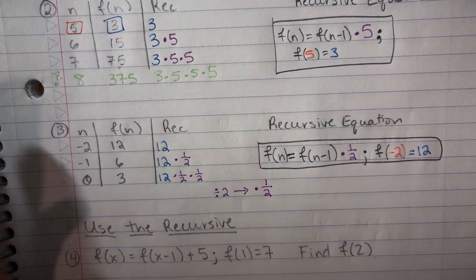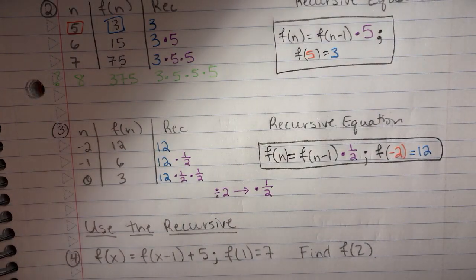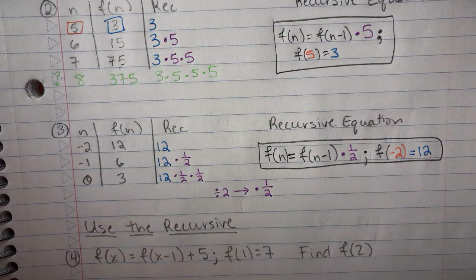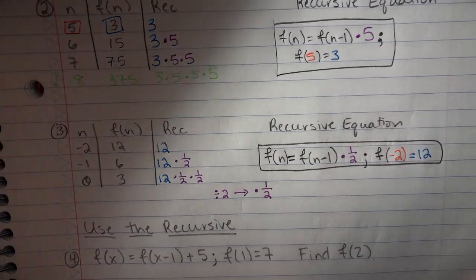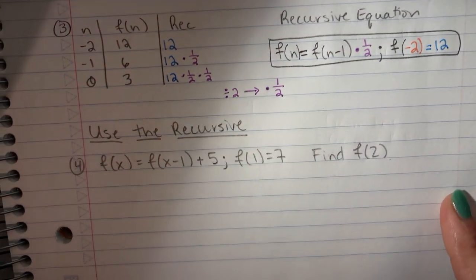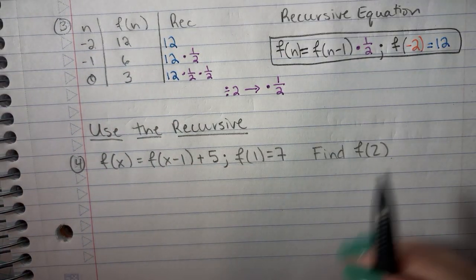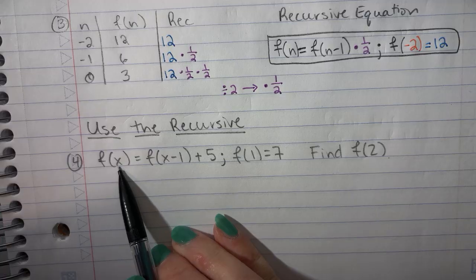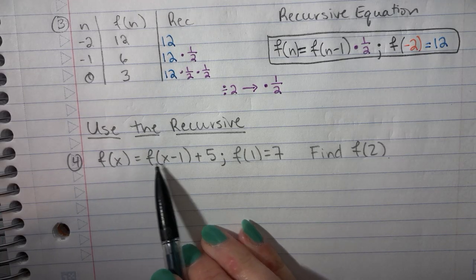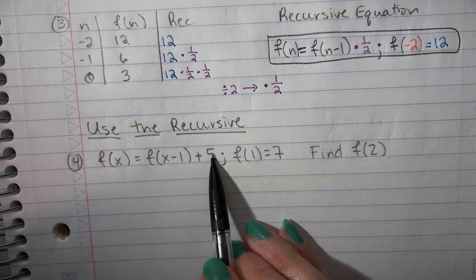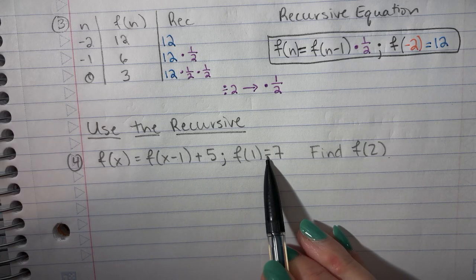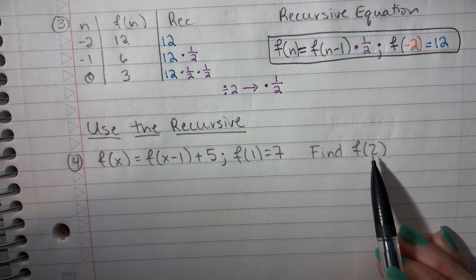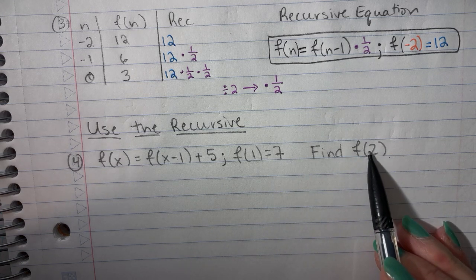All right. Now let's do an example where we actually use the recursive formula, and you can see why we have what we have going on. I told you sometimes it might not be an n. So we have f of x equals f of x minus 1 plus 5, given we started with time 1 equaling 7 dots. Now it wants us to find f of 2.